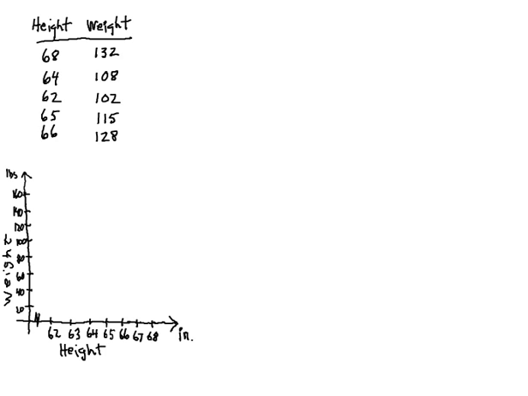Now I need to just plot the points, and to do that I'm going to take the 68, first one, and the 132. I'll just kind of roughly sketch that in, maybe about right there. The 64, 108, maybe about right there.